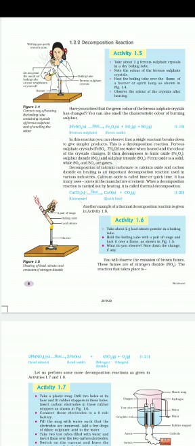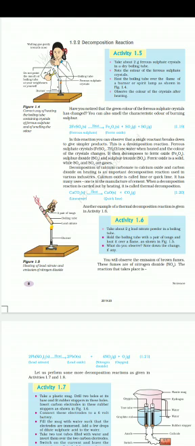Now children, if I am talking about any degradation or decomposition, I have to apply some force, some energy. Here also, to go with a decomposition reaction, I have to apply some extra energy. I can apply energy in terms of heat, light or electricity. If I apply energy in terms of heat, this is called thermolytic decomposition.